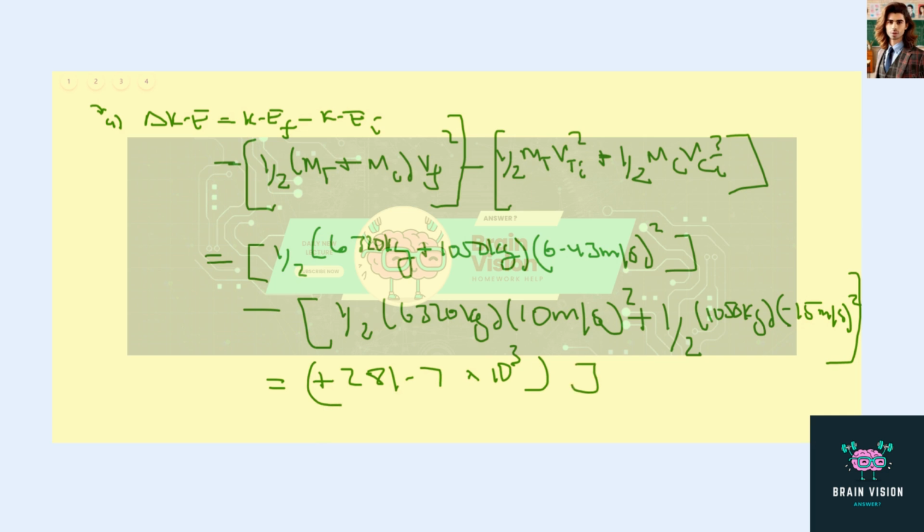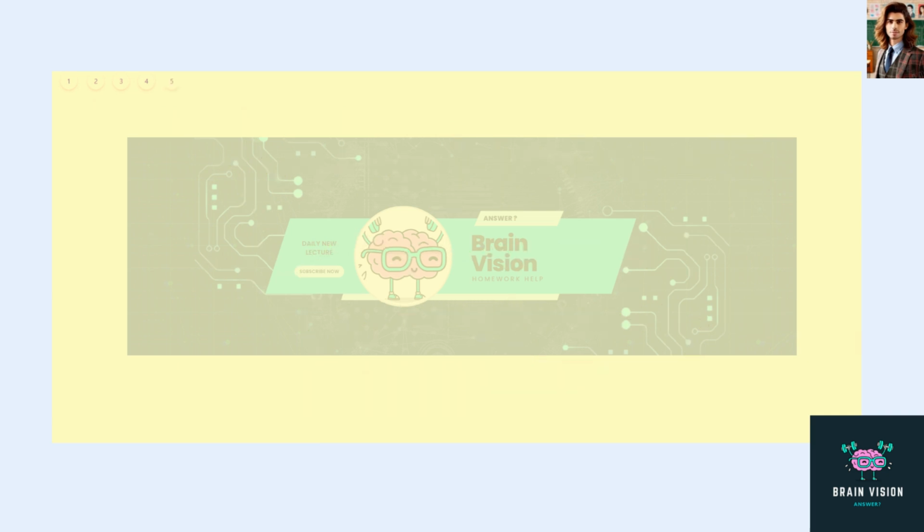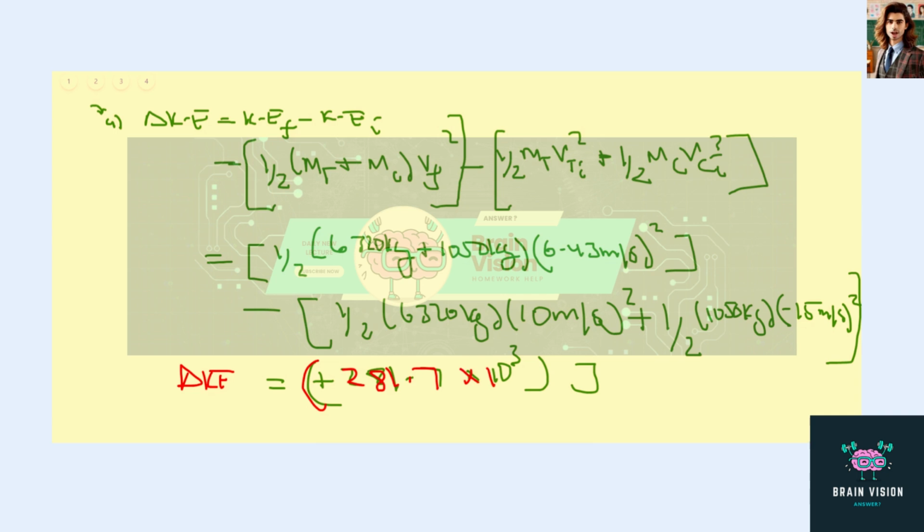That's the change in kinetic energy. They're asking us to find the change in kinetic energy of the system in both situations. So this is the change in kinetic energy for the first part, 281.7 times 10 to the 3 joules.